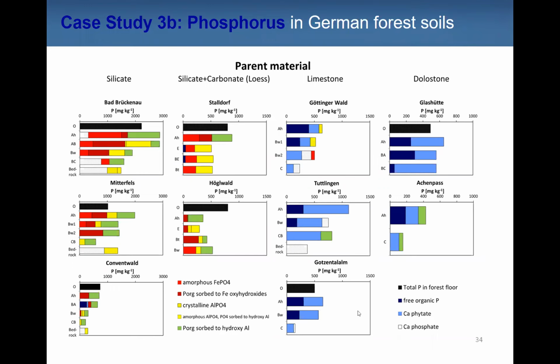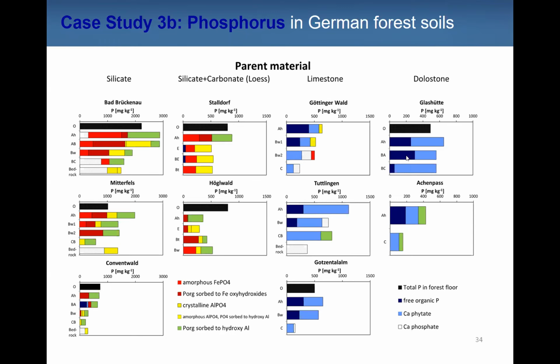In the calcareous soils, there's a different biogeochemical pattern. Also here, the apatite P, the calcium phosphate P, is mostly dissolved, but it's not converted into phosphorus adsorbed to iron oxides, aluminum oxides, or clay minerals, but it's stored as organic calcium-bound phosphate.